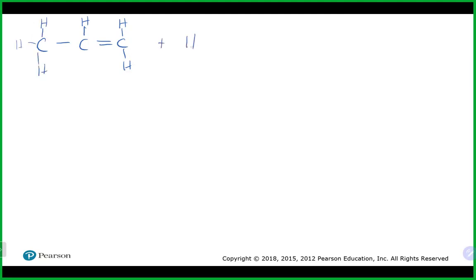And when we add water, you could think of water in this case as H and OH. That's essentially the two parts of water that's going to be added in. Now, this is what is referred to as an unsymmetrical addition. And you're basically adding two different things. So there are a couple rules that you're supposed to follow when you're doing this type of addition.